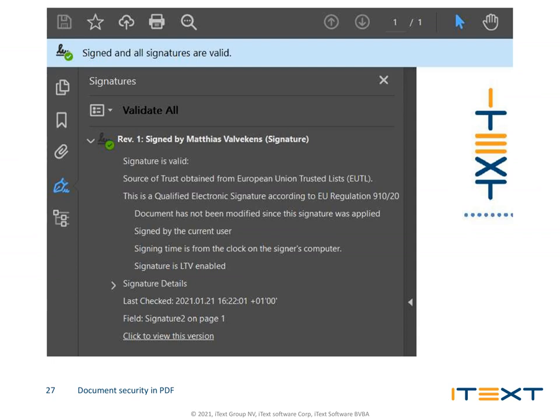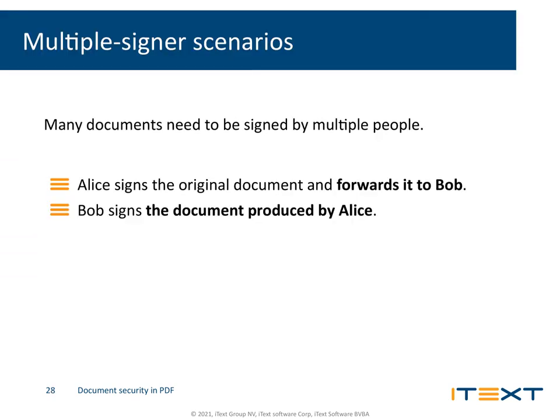These signature panels will also list all sorts of information on the validity of the signatures, details about the signer, the provenance of their certificate, and so on. So this is basically the place to go if you want to drill down on a signature in the document as an end user. Okay, so that wasn't too bad, was it?